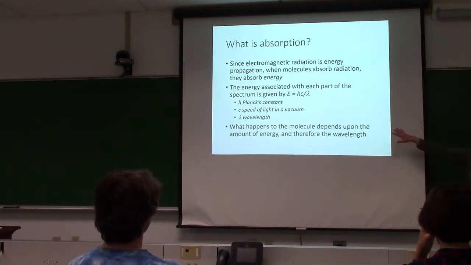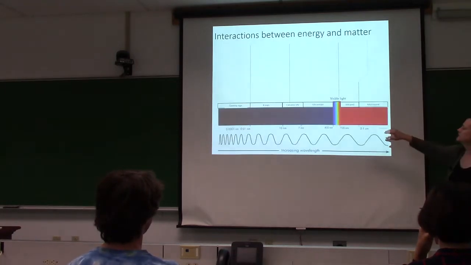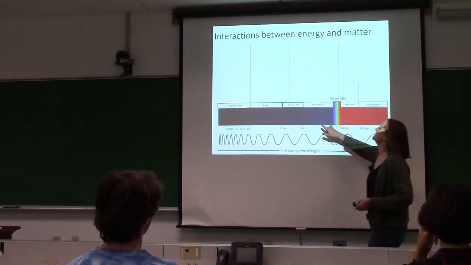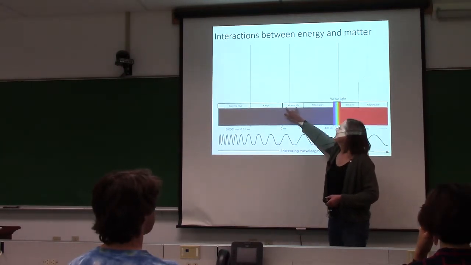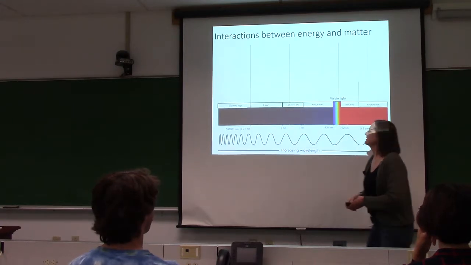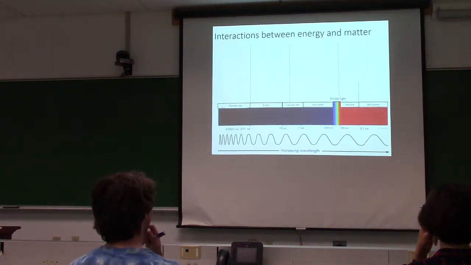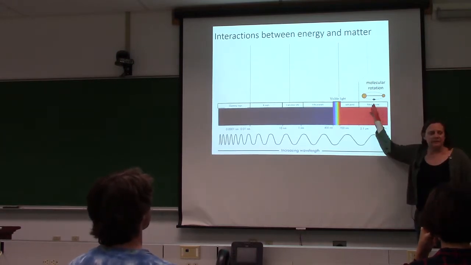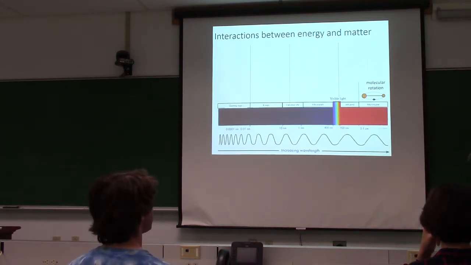So let's look at what's going to happen to molecules as they absorb light. So here's our electromagnetic spectrum. I'd never really thought about this as being the extreme UV, but there is actually a part of the spectrum called the extreme UV, which is really short. So when molecules absorb energy in the microwave region, it sets up a rotation.